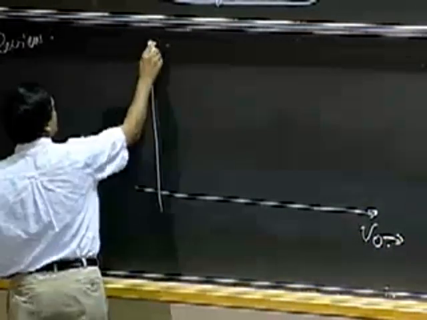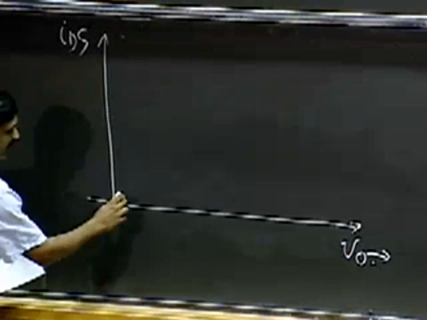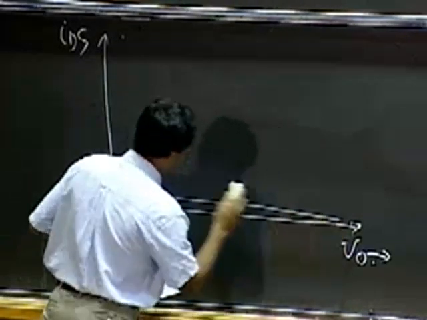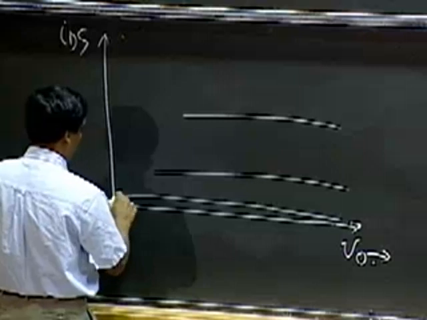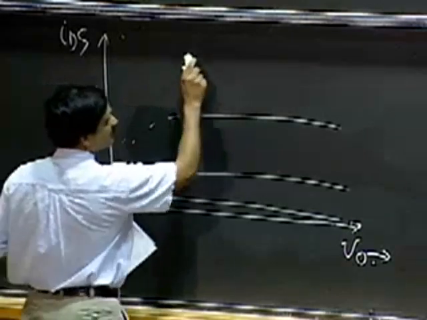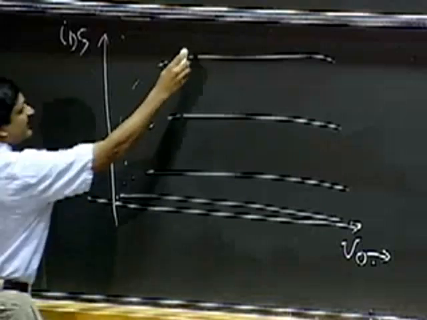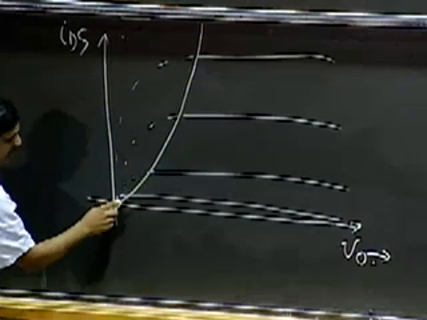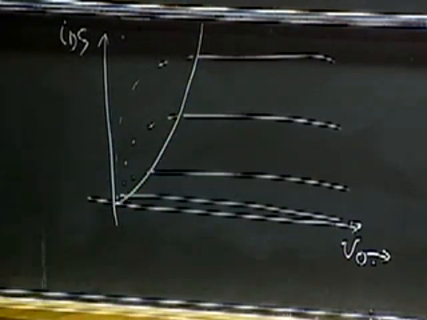So this is VI. And I said we draw that by first plotting the MOSFET curves.